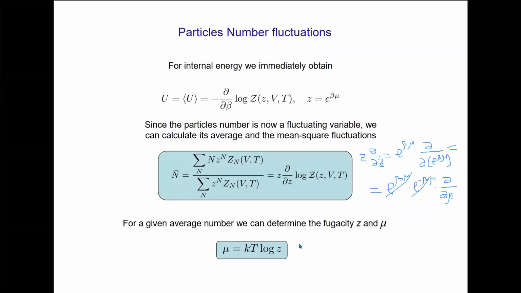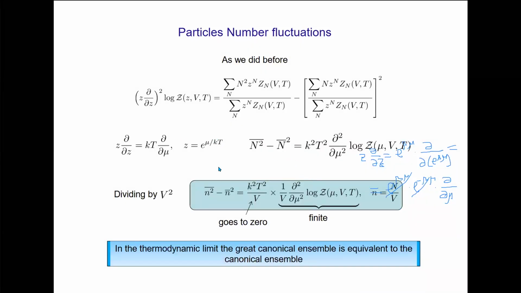Okay, so the next question. We know how to calculate the average number of particles, but as we did for the canonical ensemble, we can now calculate fluctuations. To calculate fluctuations, we need to calculate the squared average number of particles and then calculate the variance.